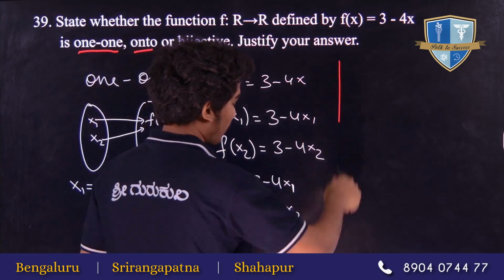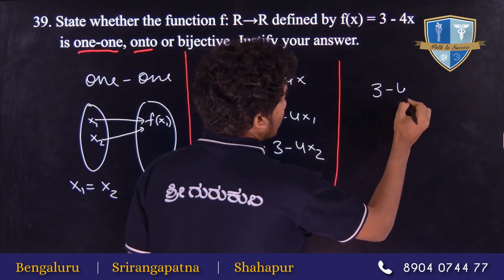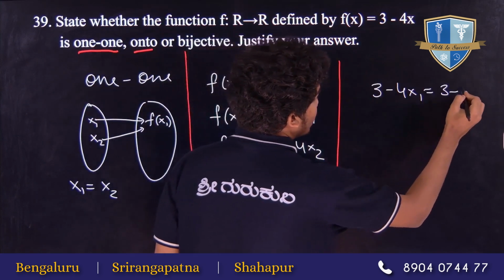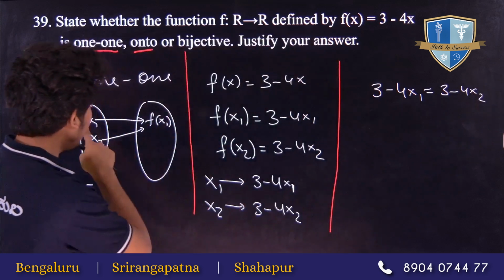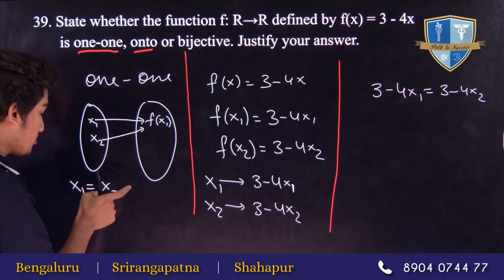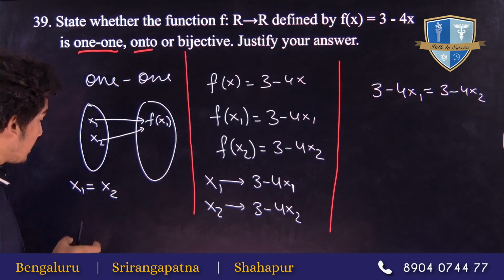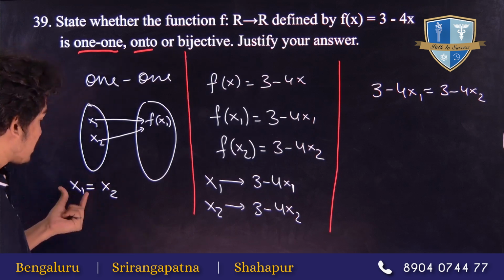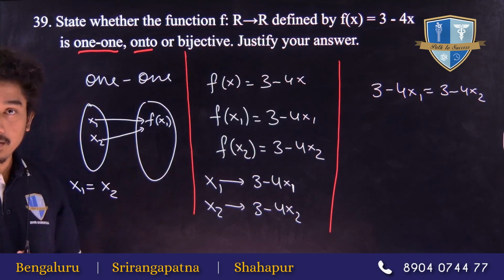That means 3 minus 4x1 is equal to 3 minus 4x2. And if they are giving us the same value, then x1 and x2 should be equal, right?